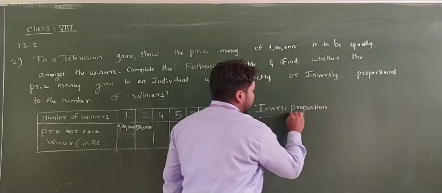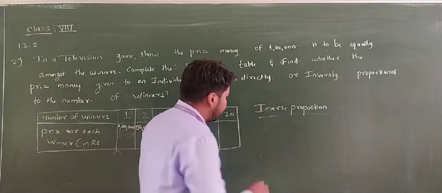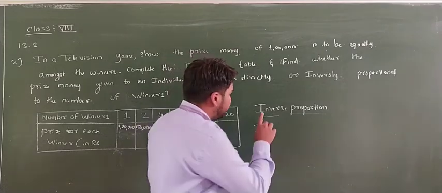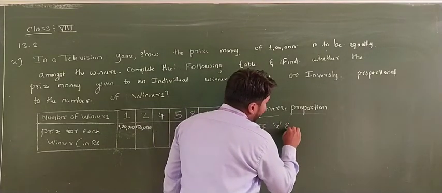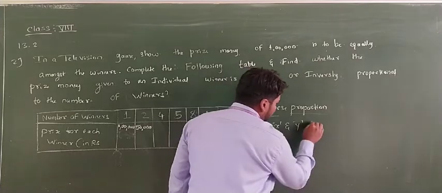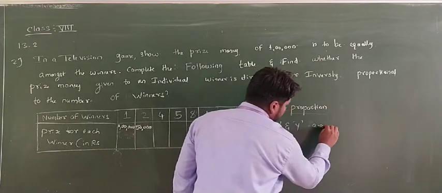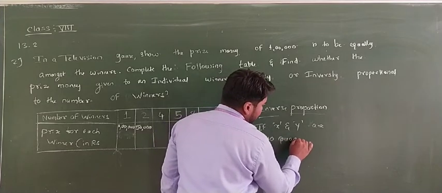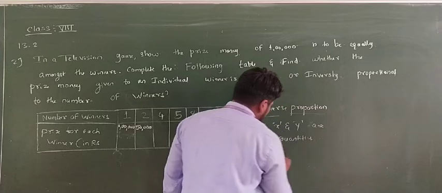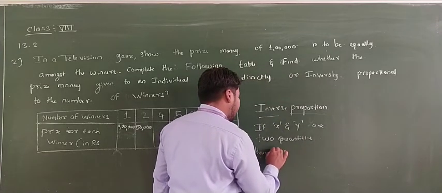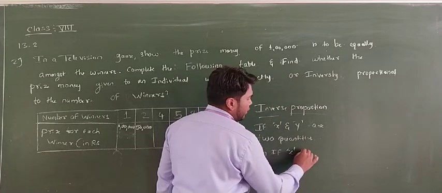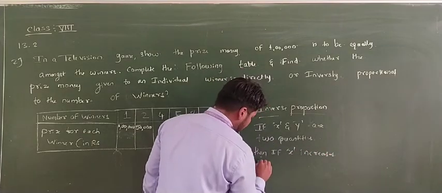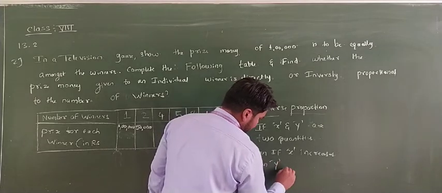You already know direct proportion: if x and y are two quantities and x increases, then y also increases. Inverse proportion: if x and y are two quantities, and x increases, then y decreases.